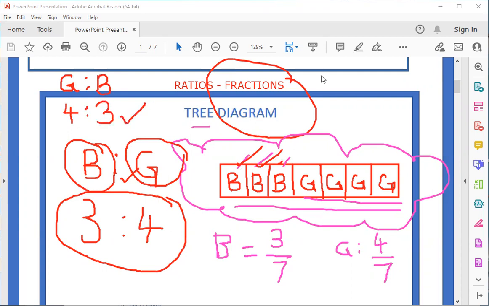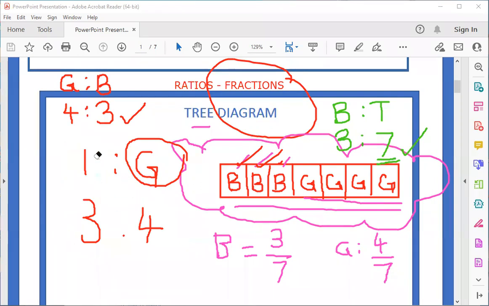Now, I can also compare what is the ratio of blue to the total sweets. So, blue, there are 3 sweets here. And what is the total sweets? 4. Oh, sorry, 7. 7 is the total. All right. I can also ask you many other types of questions.